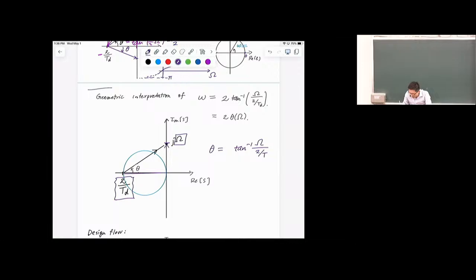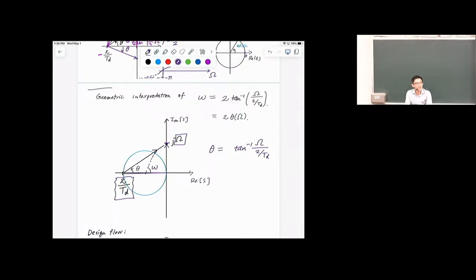Okay, so that's theta. But now we know that in this formula, omega really is 2 times theta. So what is 2 times theta? 2 times theta is this angle. That's omega.